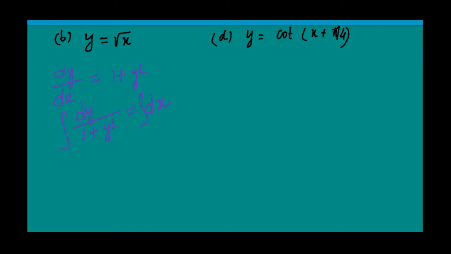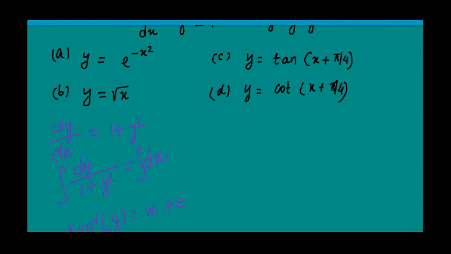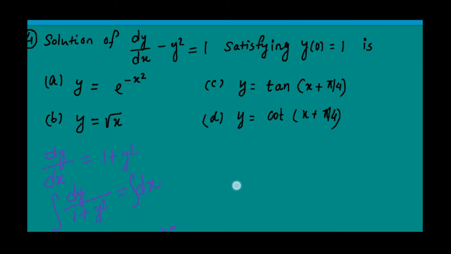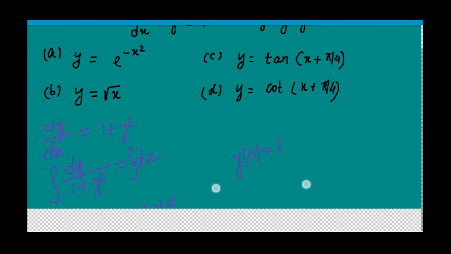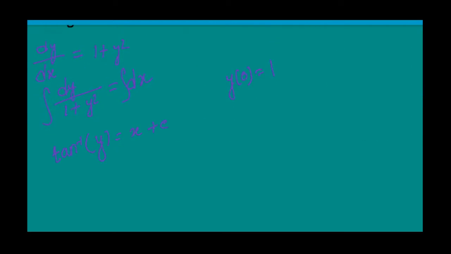So what will be the integration of this one? This will be tan inverse of y is equal to x plus c, where c is the constant, and here the initial condition is given that y of 0 is equal to 1. That means when the x value is 0, the function y is coming to be 1.